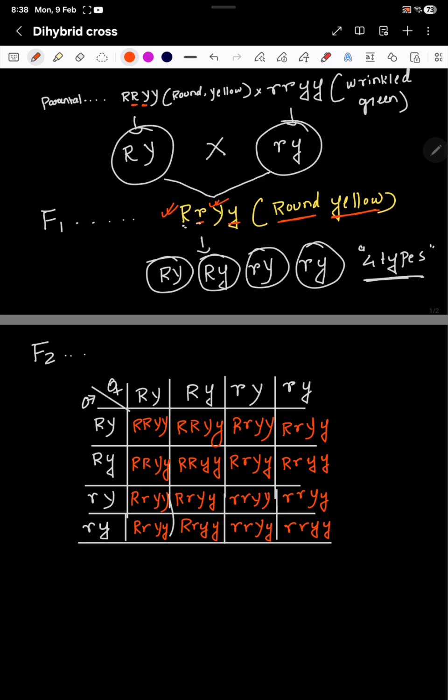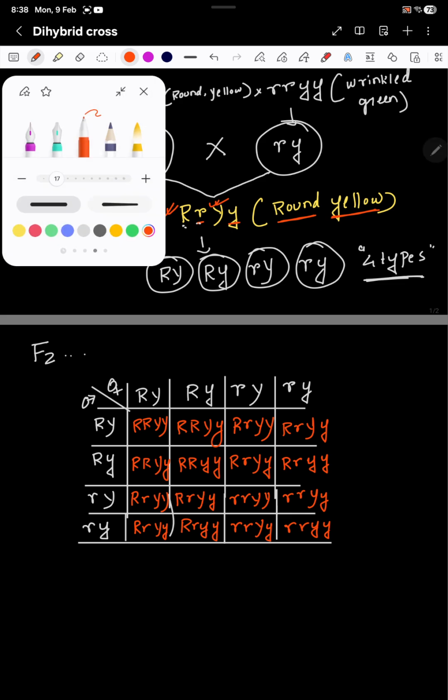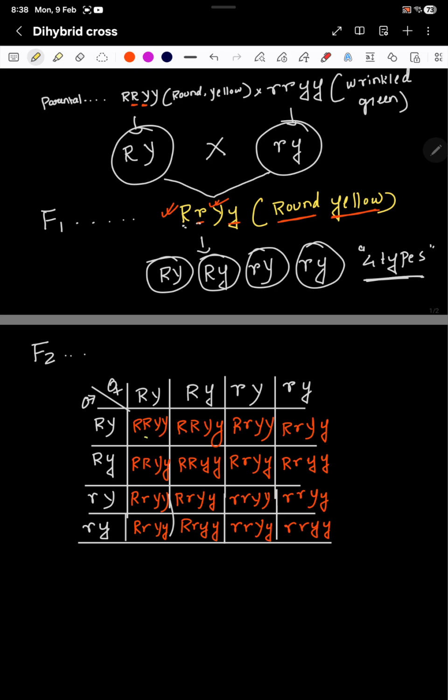So, round yellow. What are the round yellows? See, this will be the round yellow. This will again be the round yellow. This is the round yellow. This is also the round yellow. This is the round yellow.